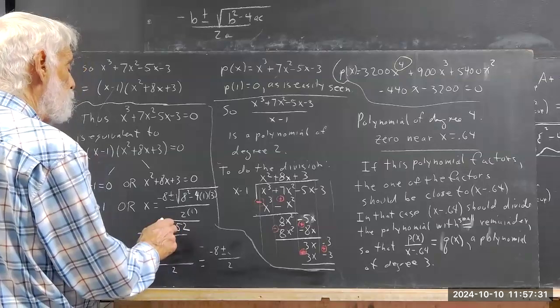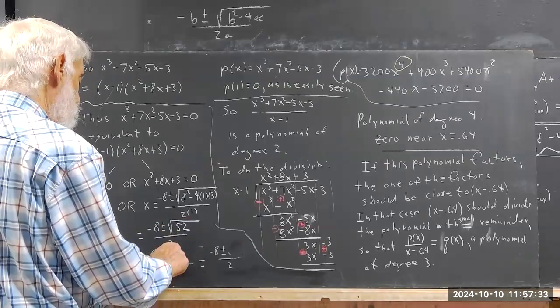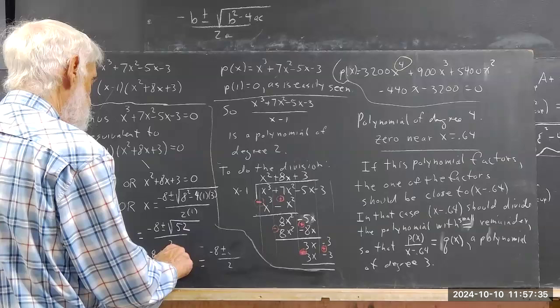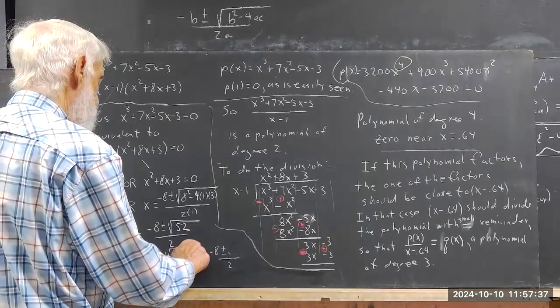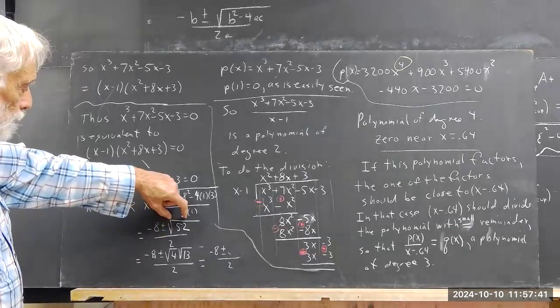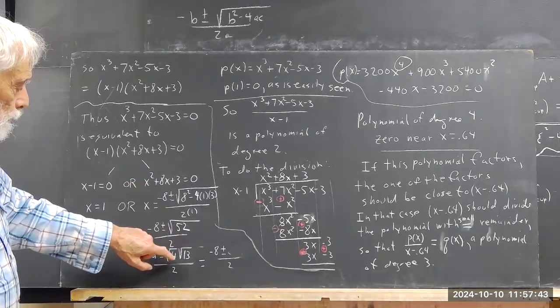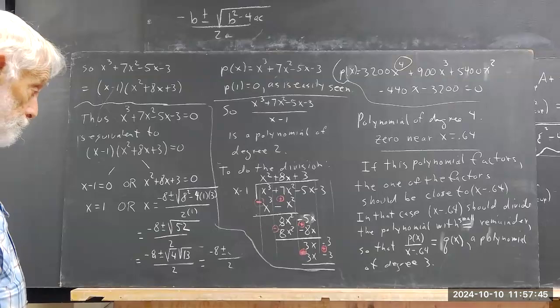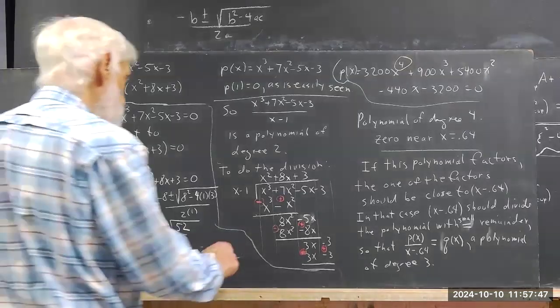Well, 52 is 4 times 13. I can write the square root of 52 then as the square root of 4 times the square root of 13. The square root of 4 is 2.